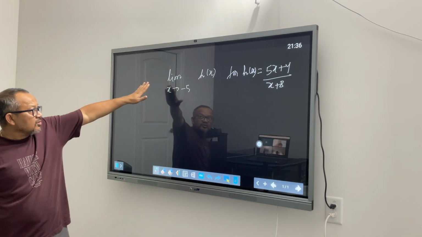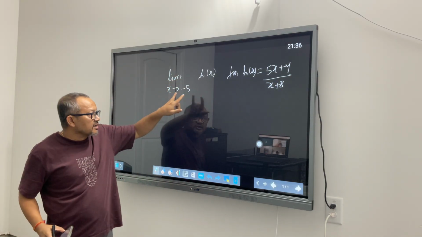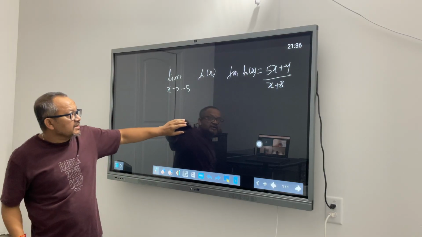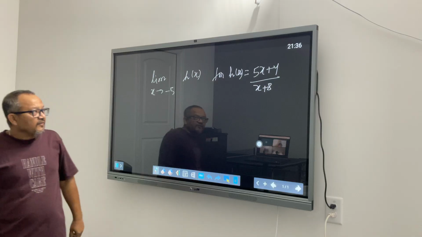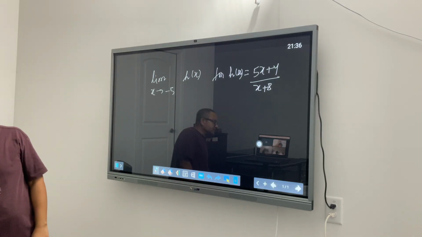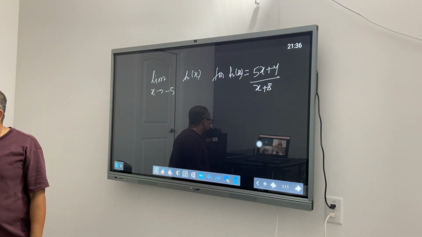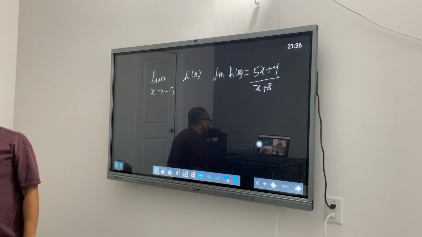We have to find out h of x for x approaching minus 5, and this is the definition of h of x, which is 5x plus 4 divided by x plus 8. What will you do?